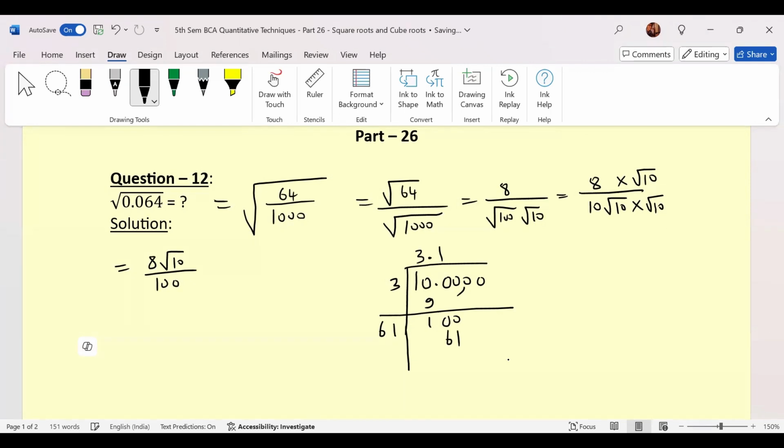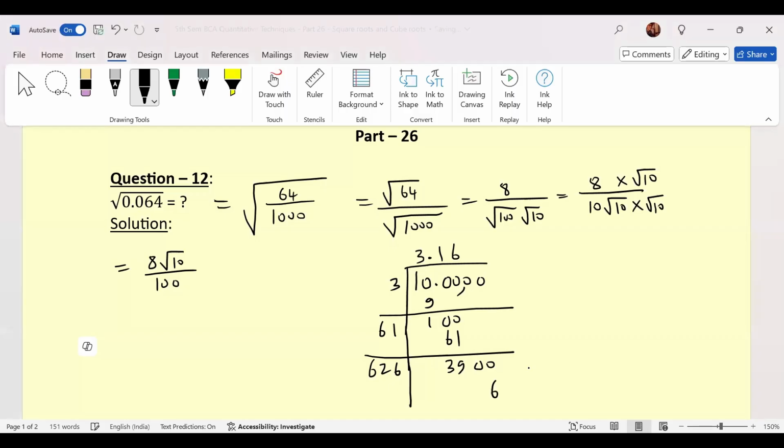61. Here we get 39. Copy the next 2 digits. Double this, we get 62. The next will be 6. 6 6s are 36, 6 2s are 12, 15, 1, 6 6s are 36, 37.